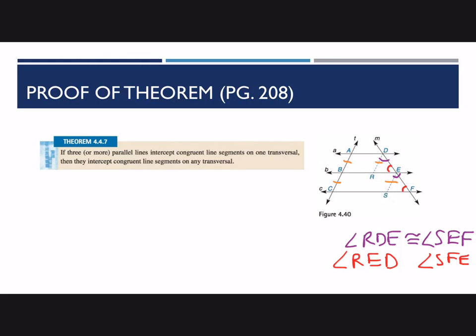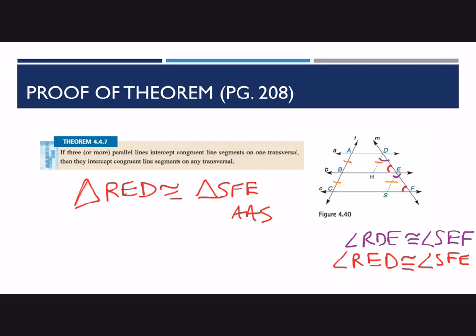And those are also corresponding, and I can show that those are congruent. So now by angle, side, those two little tiny triangles are congruent. So triangle RED is congruent to triangle SFE by angle, side.